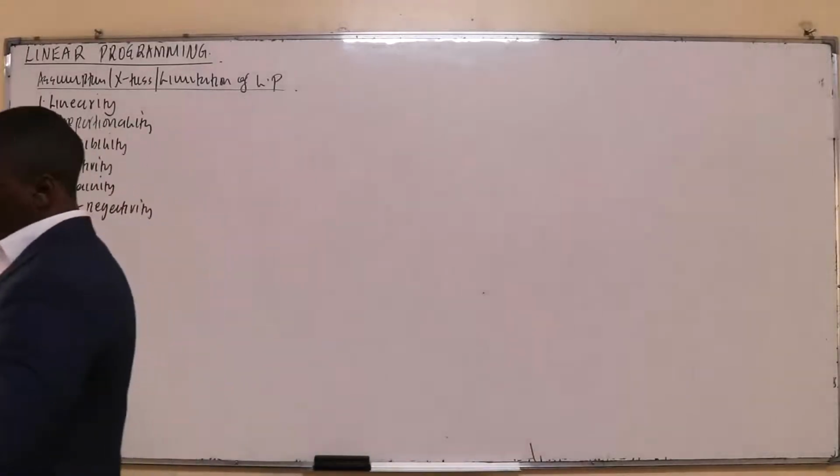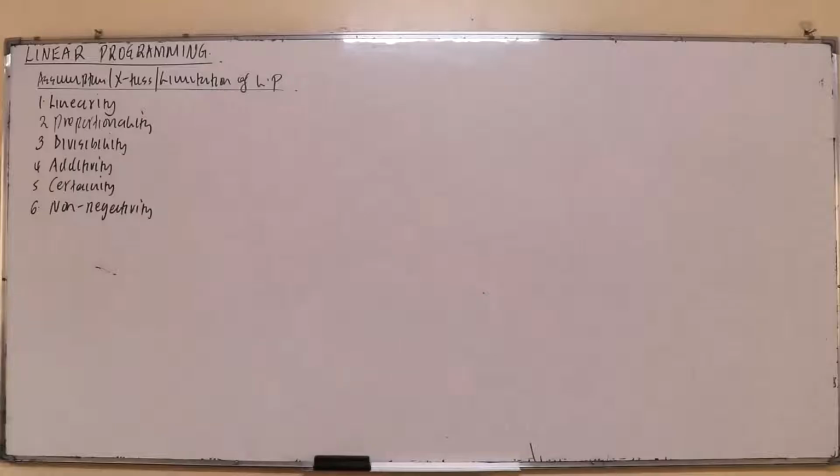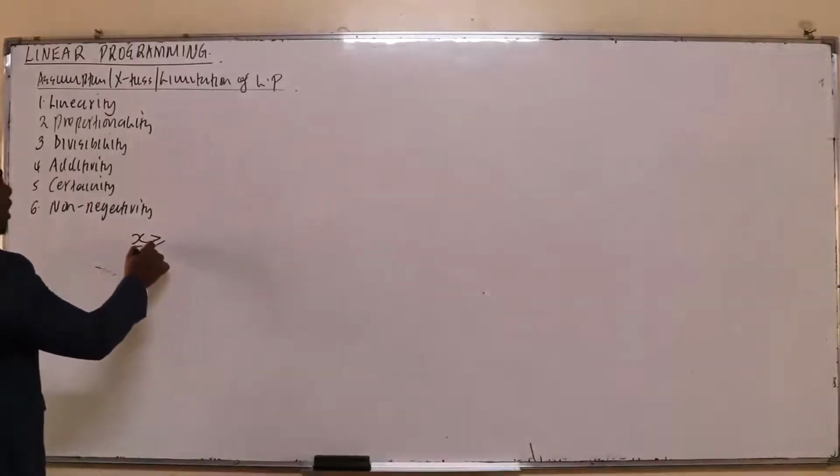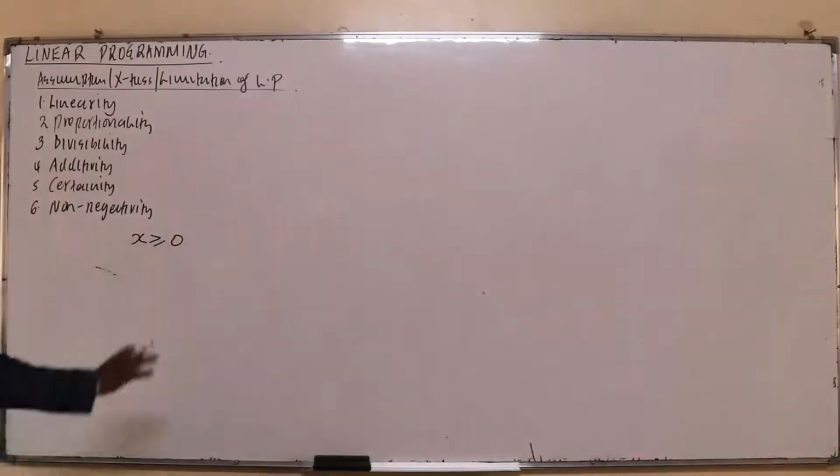So you can show this: X should be greater than or equal to 0. It cannot be lower than 0. You either produce 0 units or you produce more than 0. That's what it means.